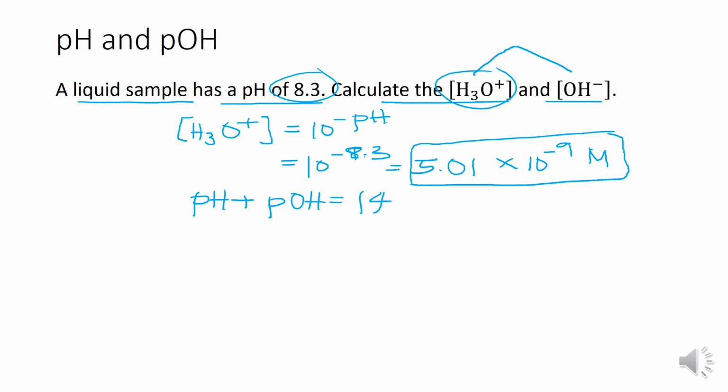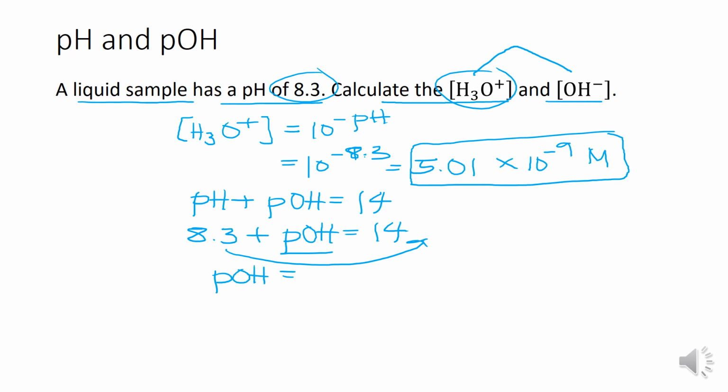So let's plug in the given value of pH. So that is 8.3 plus pOH is equal to 14. So if we want to solve for pOH, let's transfer this one to the right side. So therefore pOH is equal to 14 minus 8.3. 14 minus 8.3 is 5.7.